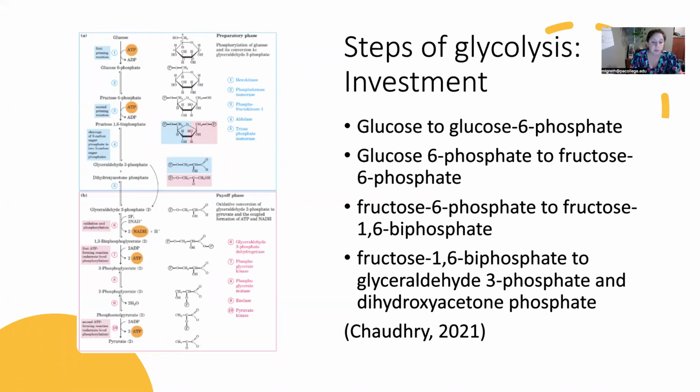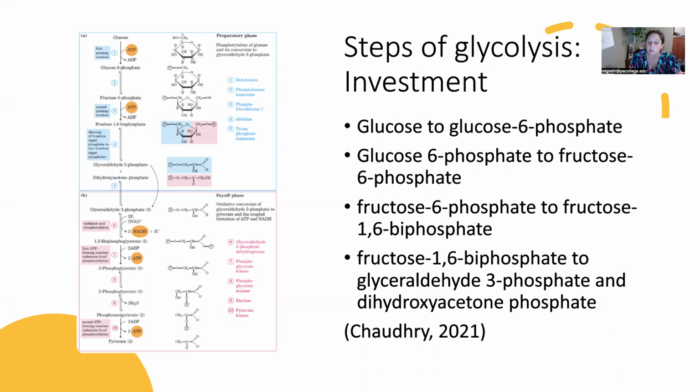Next, the fructose 6-phosphate is converted to fructose 1,6-biphosphate. This is done by phosphofructose kinase, and this is where that second ATP molecule is being utilized. And then fructose 1,6-biphosphate is converted to glyceraldehyde 3-phosphate and dihydroxyacetone phosphate, also known as DHAP.